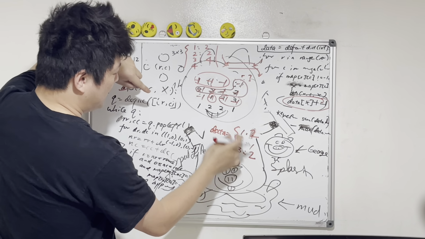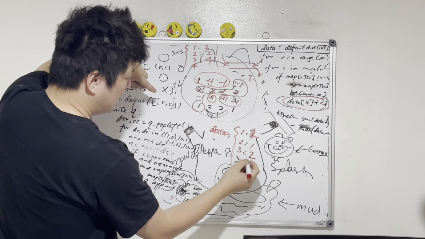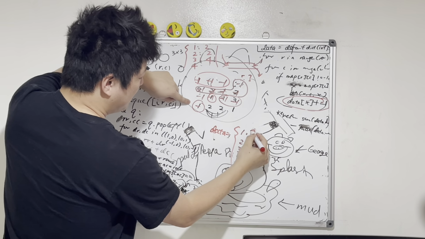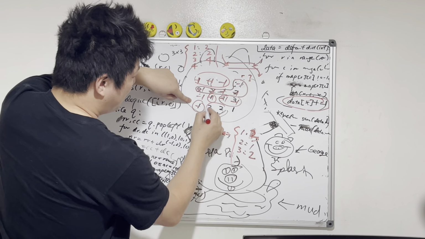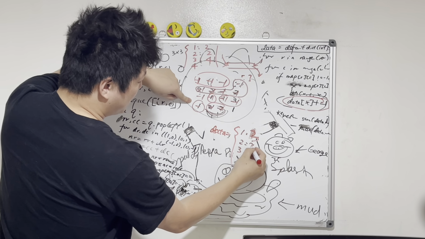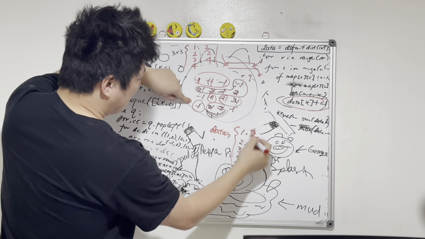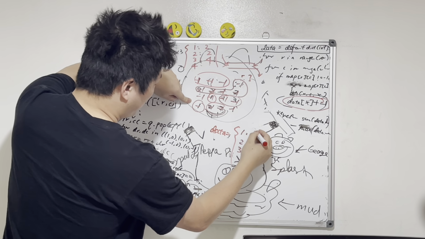So 2, and 1, make it -1, 3, 3. Okay, 2, make it -1, increment 1 to 2. 1, make it -1, increment 1 to 4.